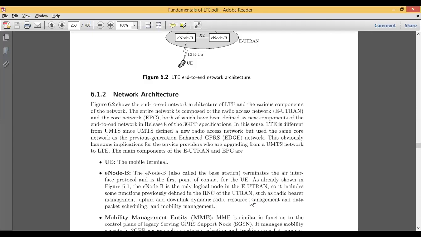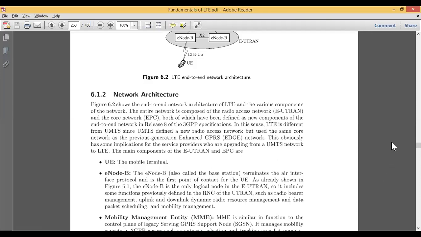This E node B is also responsible for your radio bearer management, for the uplink, and for the dynamic allocation of resources which are already given by the resource management. We know LTE is completely packet switched data, so everything will be in terms of packet switching, scheduling, and also mobility management.